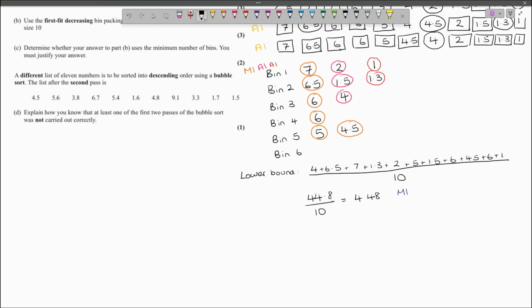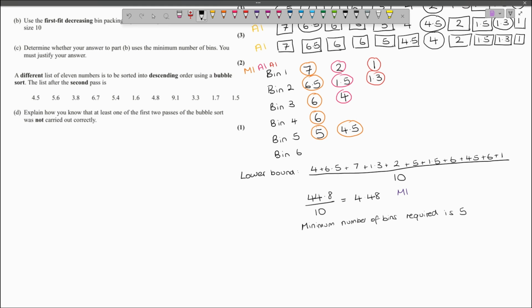The next thing you have to do is determine whether our answer in part B uses the minimum number of bins. And we're going to say that the minimum number of bins required is 5.